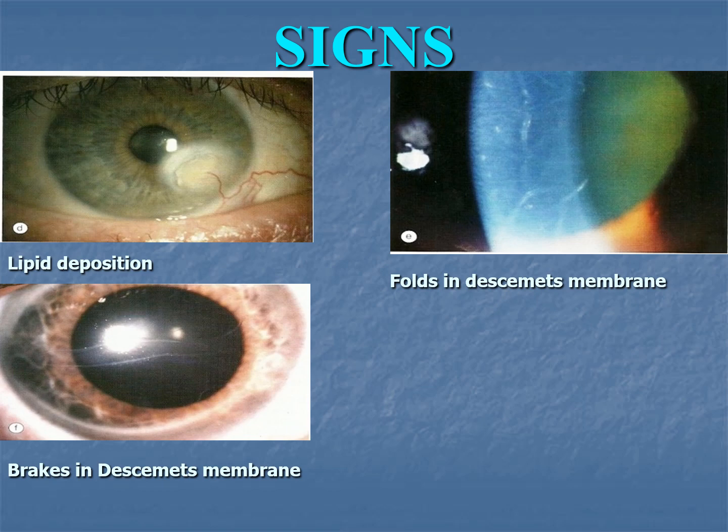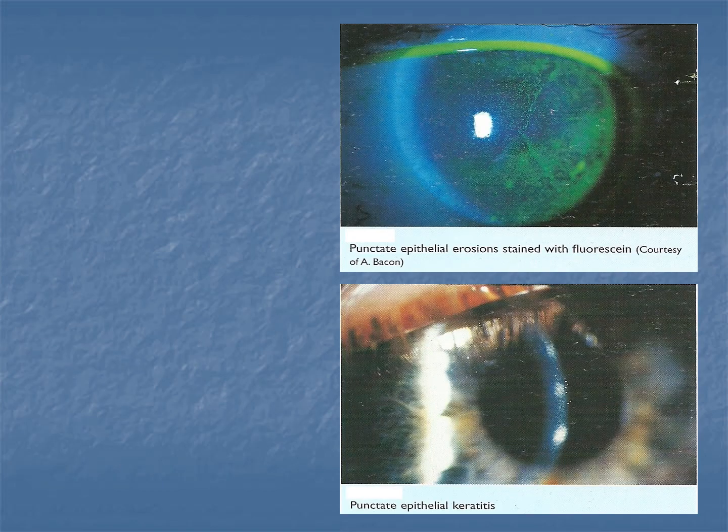In the lower left hand picture, you can appreciate breaks in Descemet's membrane. These wavy lines are healed breaks in the Descemet membrane. They are called Haab's striae, and these breaks are usually due to enlargement of the cornea.